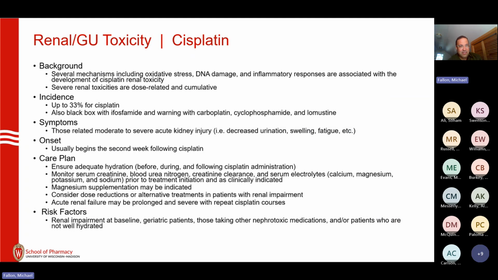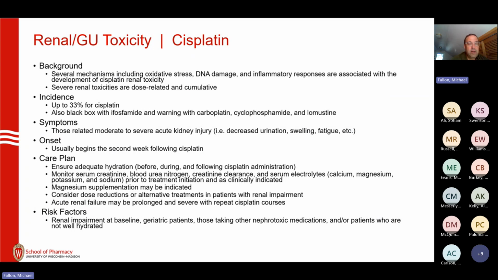And some of these doses can just be huge, 100 milligrams per meter squared and repeated over and over, in a sarcoma setting, for instance. You're definitely going to see more kidney injury with higher doses of cisplatin, and definitely more kidney injury the longer you have to give cisplatin.